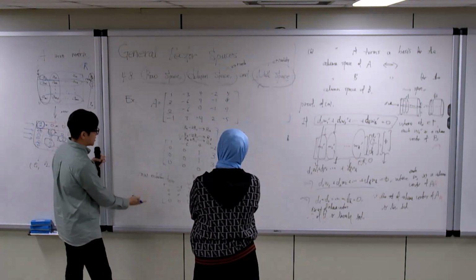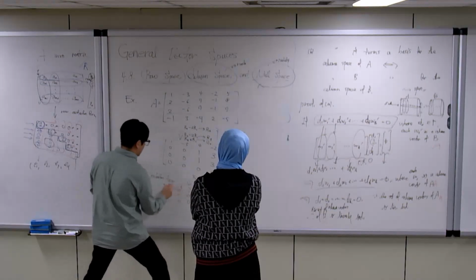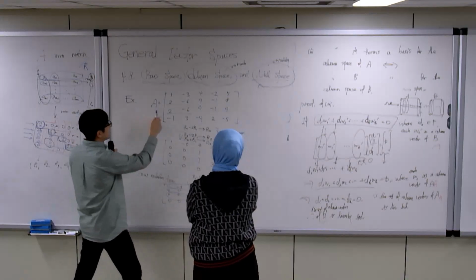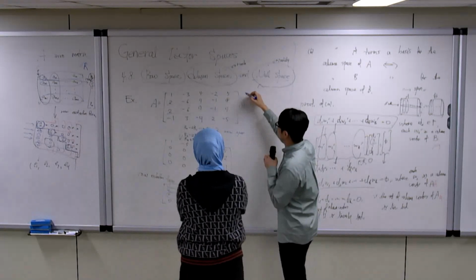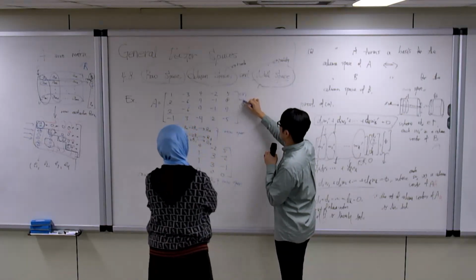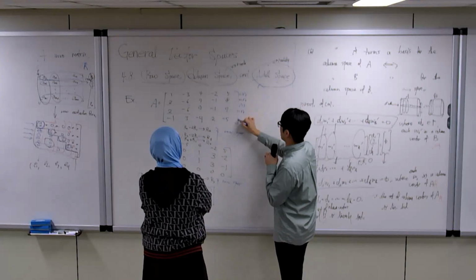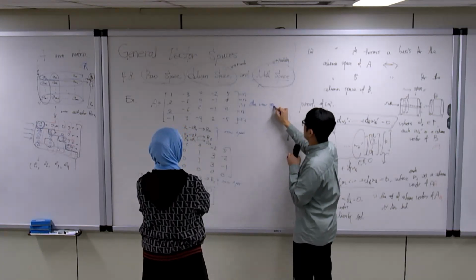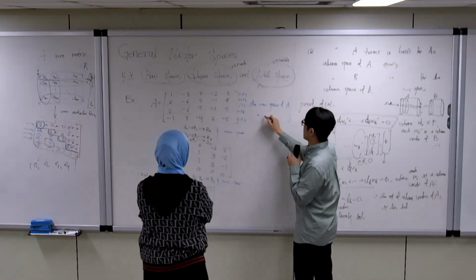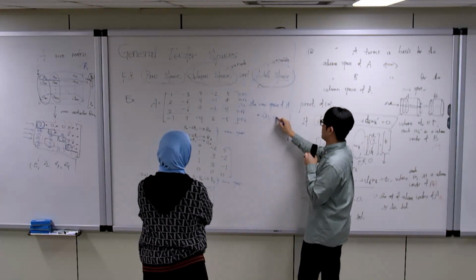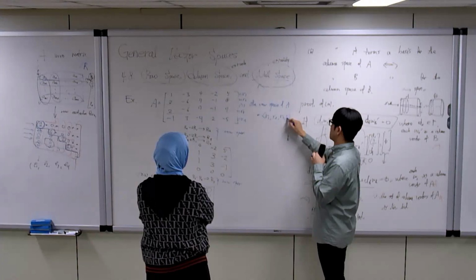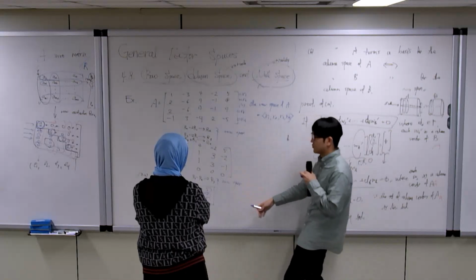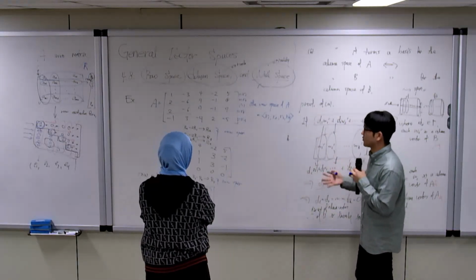It will not change the row space of A. In here, if you define the rows R1 to R4, then the row space of A is the same as the linear span of R1 to R4, and it has different rows, but we only use row operations.